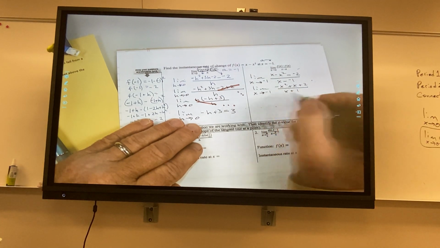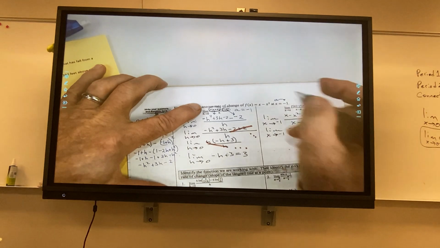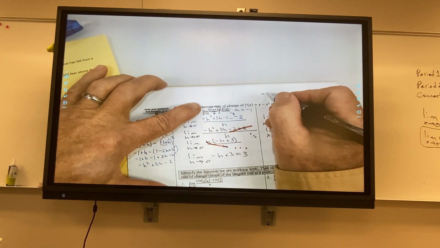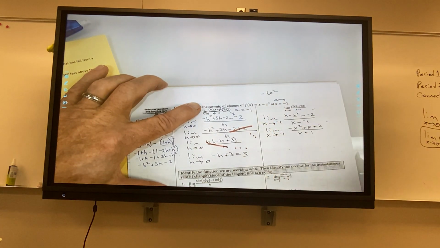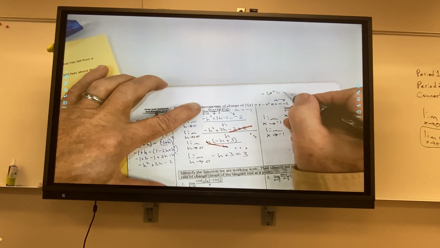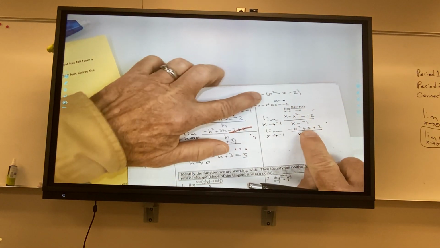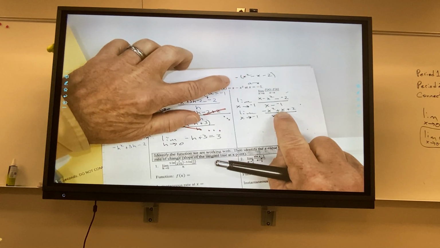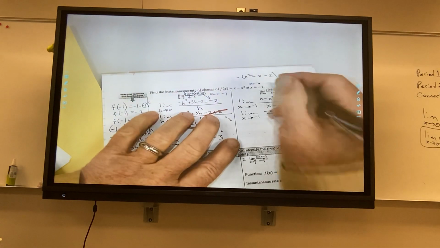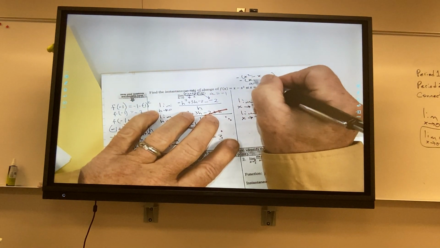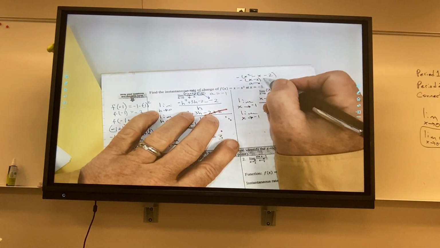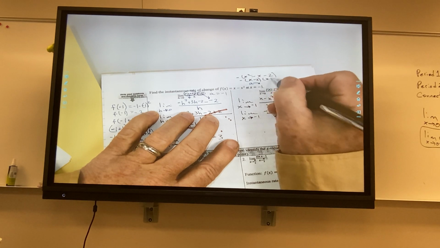Well, I can come up here and I can factor out a negative out of x squared minus x minus 2. Aren't these the same right here? Yeah, let me see. And so I got a negative x minus 2, x plus 1.